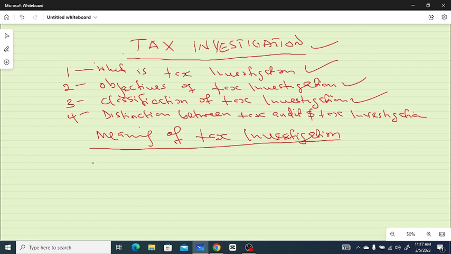undercharged, or underpaid taxes that relate to previous years where the tax authority has credible evidence that the taxpayer has committed fraud.